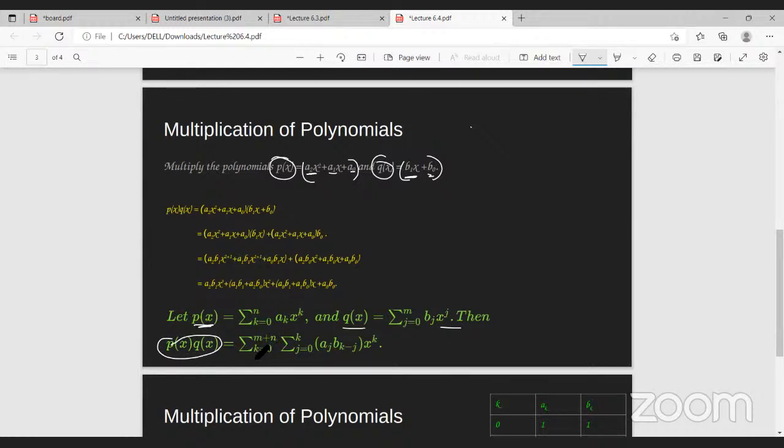What are these two summations doing? The first, k equals 0 to m plus n, I understand, we have to add the degrees or powers, and j is equal to 0 to k. What is it indexing? Why do we have two summations there?